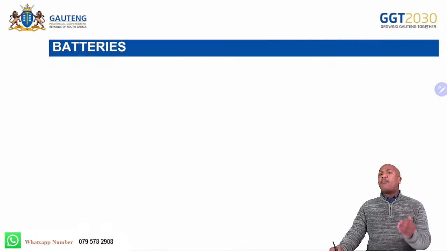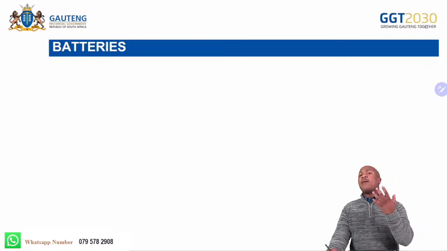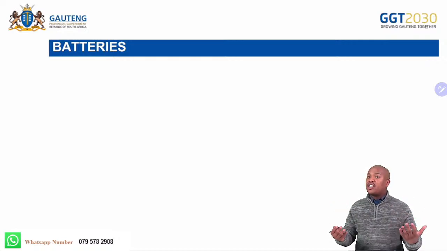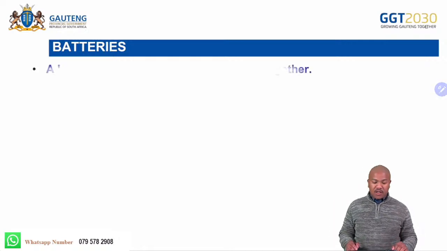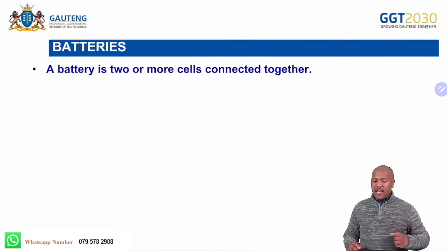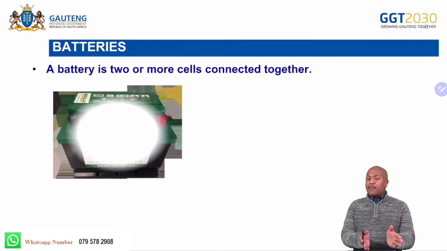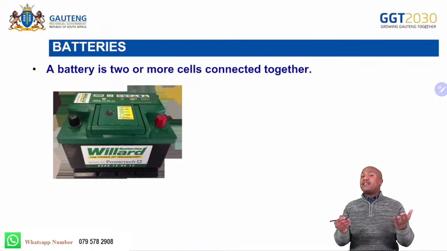So now let's talk more about batteries. What do we know about batteries? We said that a battery is what? It is 2 or more cells connected together in a system, right? Here's an example of a battery that we normally see, right?